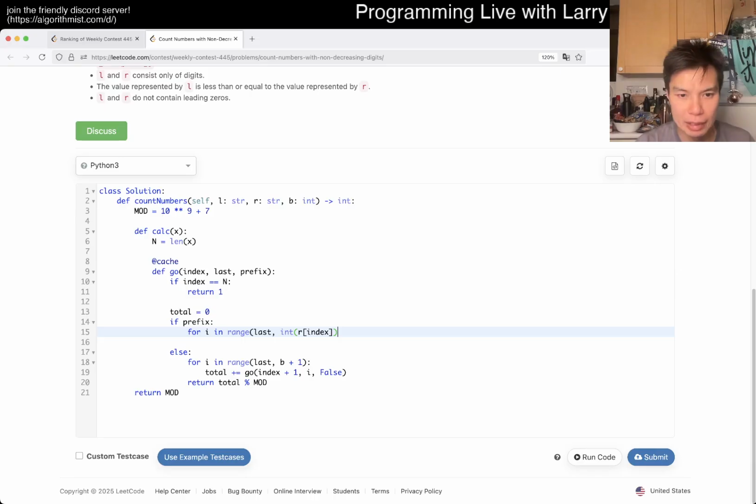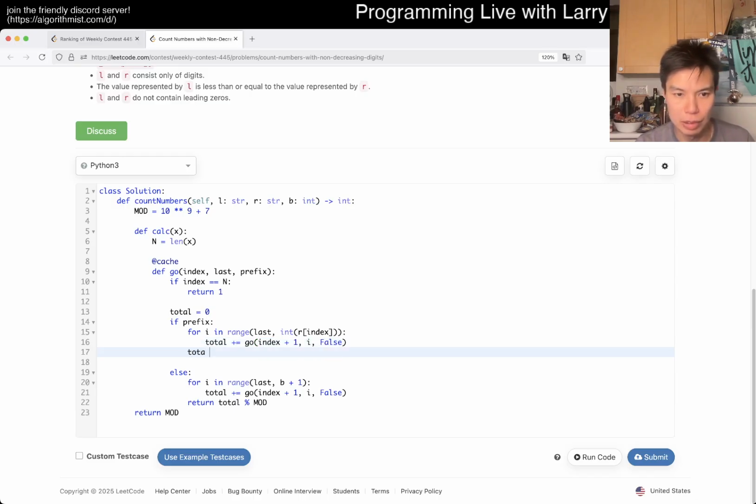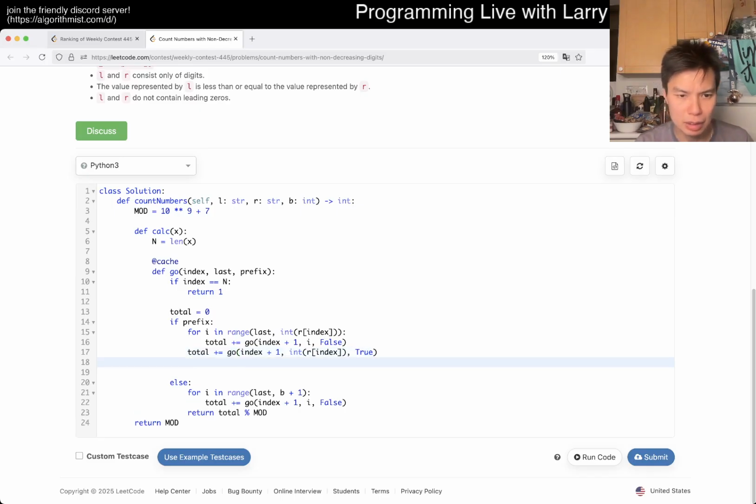Because we want to be not inclusive of it, so it's going to be false. And then we do want to add the inclusive version, which is going to be still index plus 1, int of index, and then true, right? And then that's it.